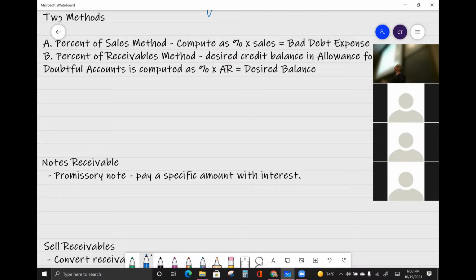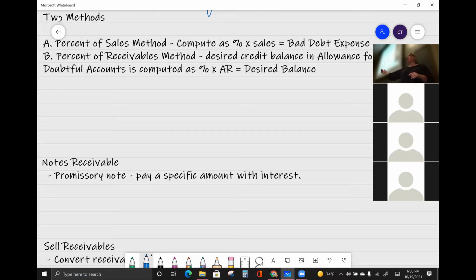So the problem will give you the sales amount, it will also tell you what the percentage is. So all we do is take the sales, multiply it by whatever that percentage is. That amount is what I'm gonna set up. I'm going to expense it in bad debt expense when I calculate that amount. Whatever it is for, the sales times the percent, that's gonna be my expense.